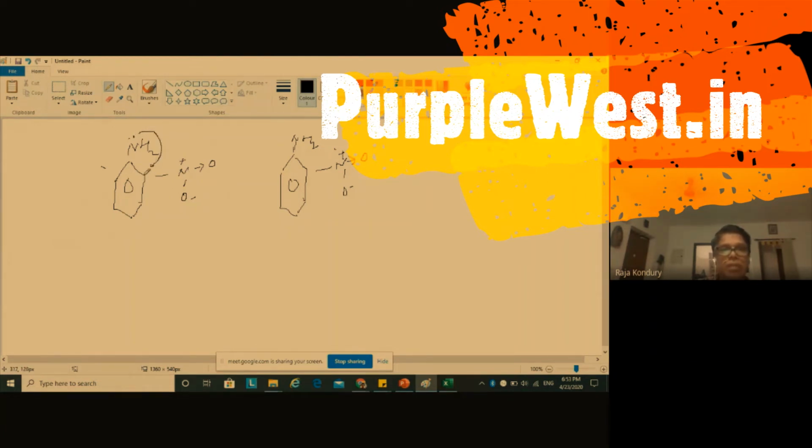So this carbon is becoming electron rich. Similarly, you show for meta, para, and the same thing you show for meta also.